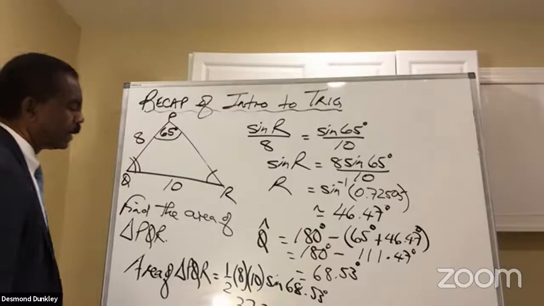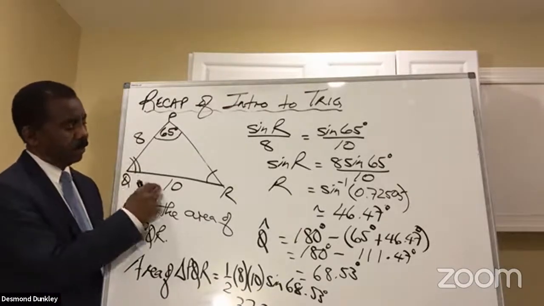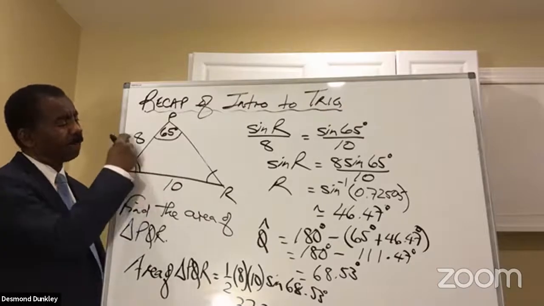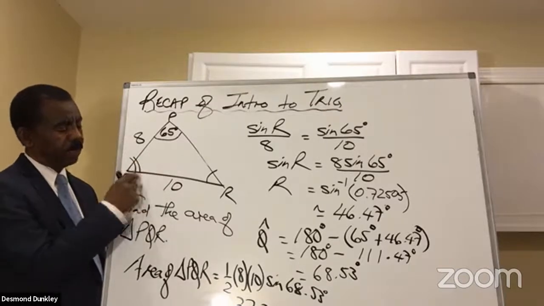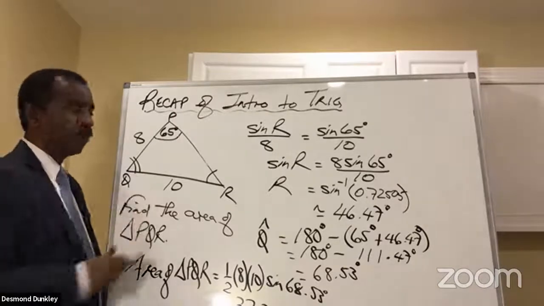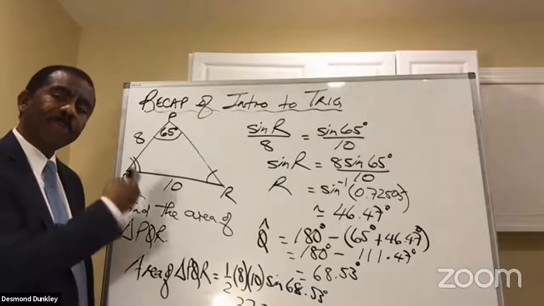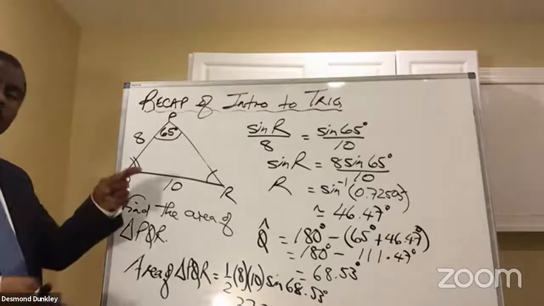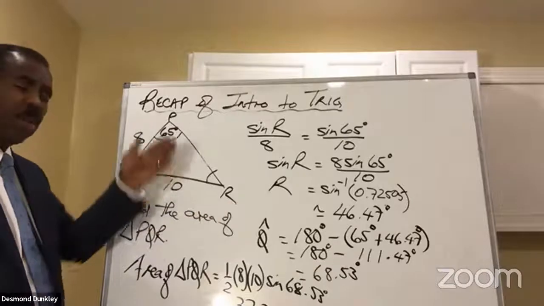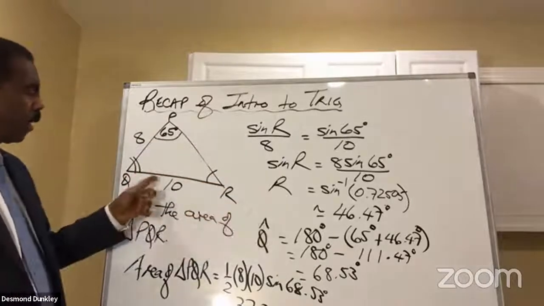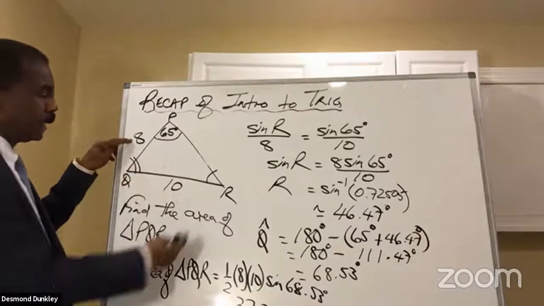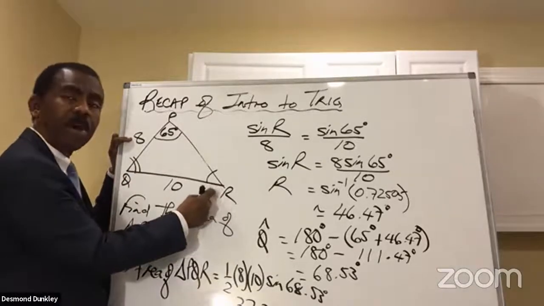What we realized is that we had enough information, but if we could get this angle, we could use a half times 8 times 10 sine of Q. So we set about trying to find angle Q, but in order to find angle Q, we had to go through the back door. We had to find angle R first because the law of sines allows us to use this pair along with the 8 to find angle R.